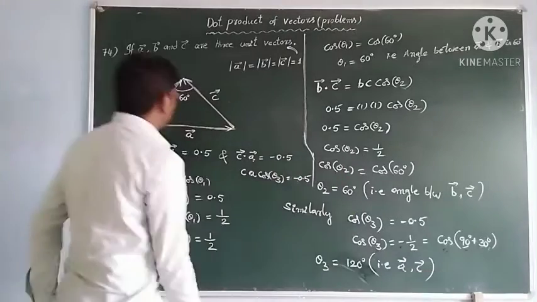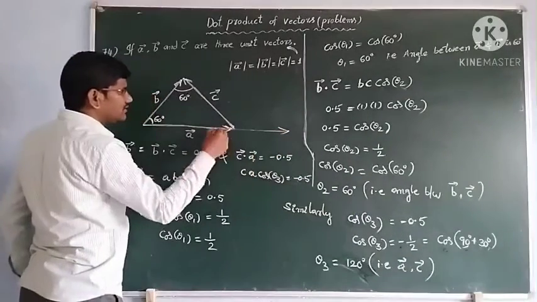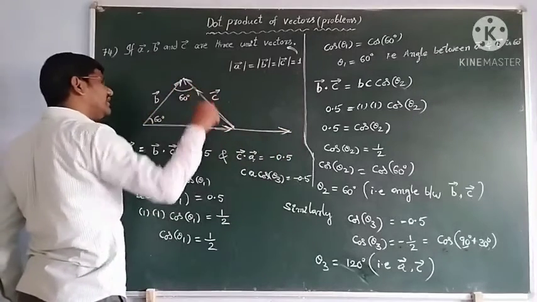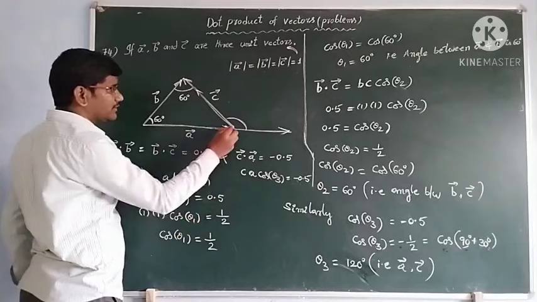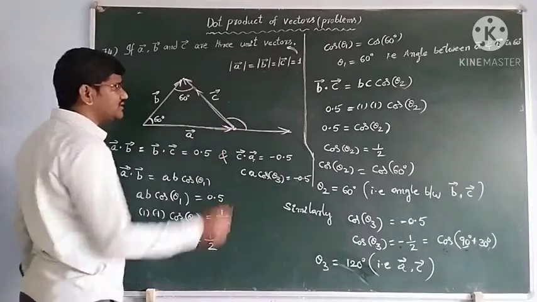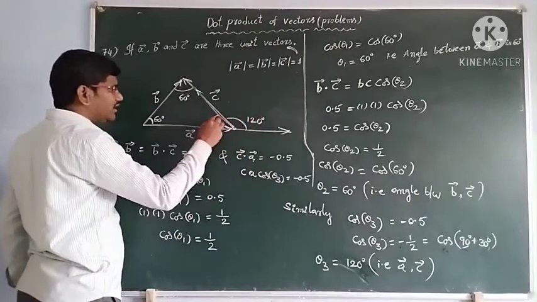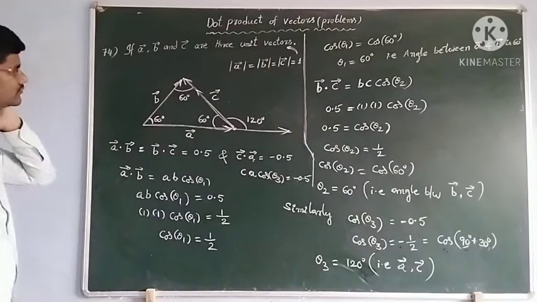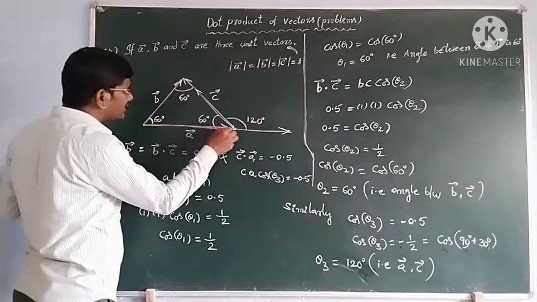So if this is the A bar vector, and this is the C bar vector, then this is the angle between A bar and C bar. Okay, students, and this is 120 degrees, and now this is the 60 degrees. Then see, this is the A bar vector.